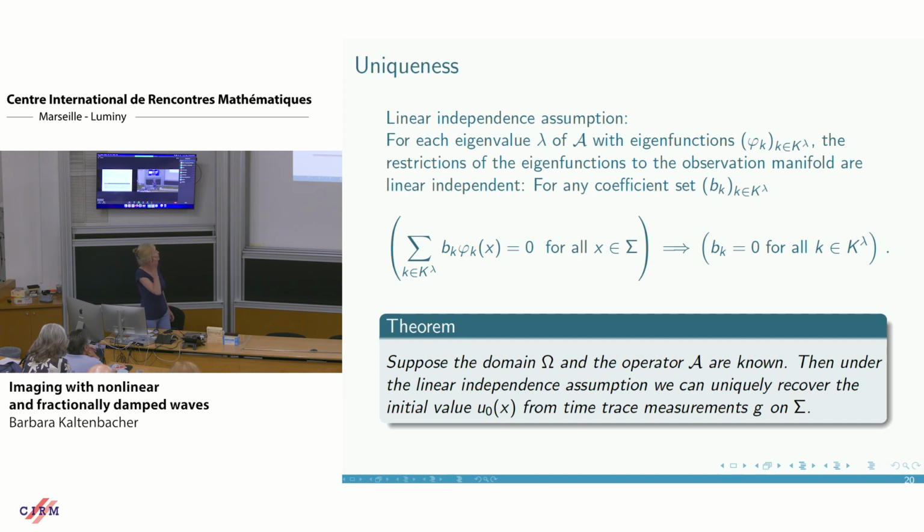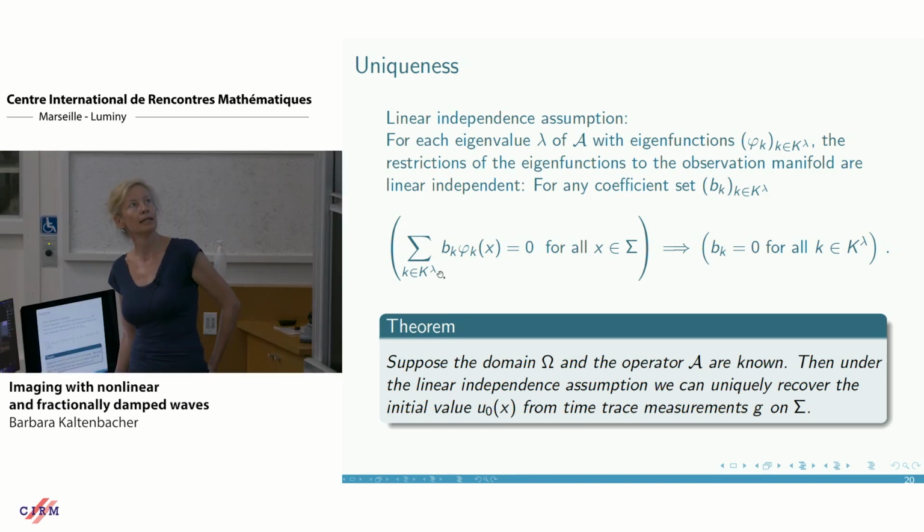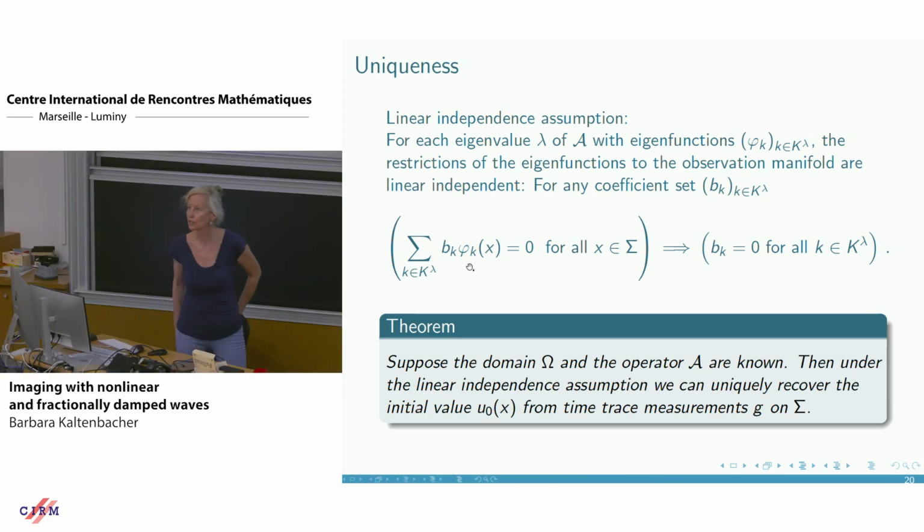The dimension of the eigenspace will be larger than 1. It will be 1 in one space dimension, but in higher dimensions it will be larger than 1. Still finite, but the set of eigenfunctions corresponding to a fixed eigenvalue lambda consists of possibly several eigenfunctions. And of course, the eigenfunctions are orthogonal to each other, so they are clearly linearly independent.